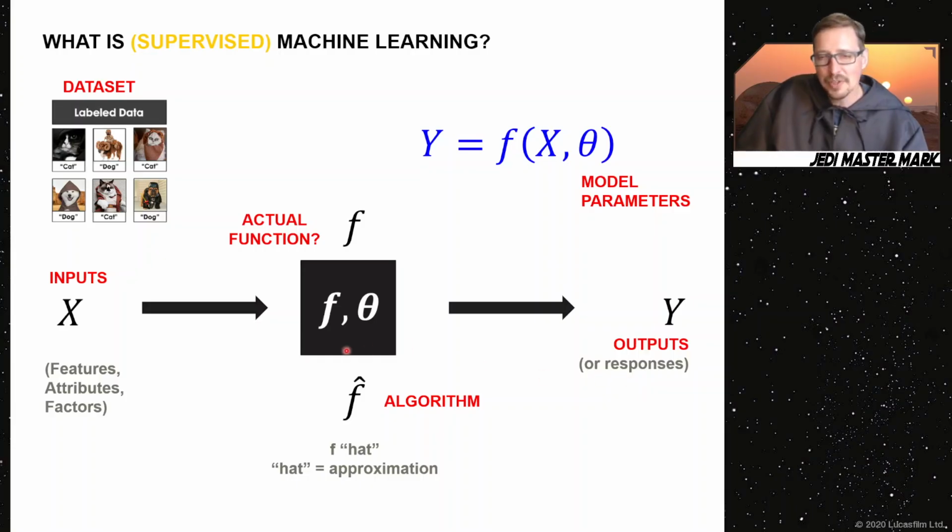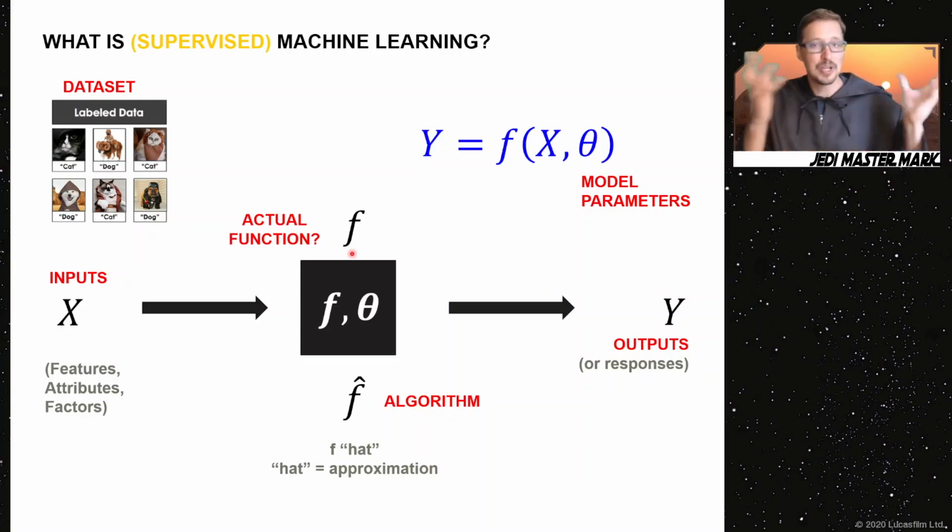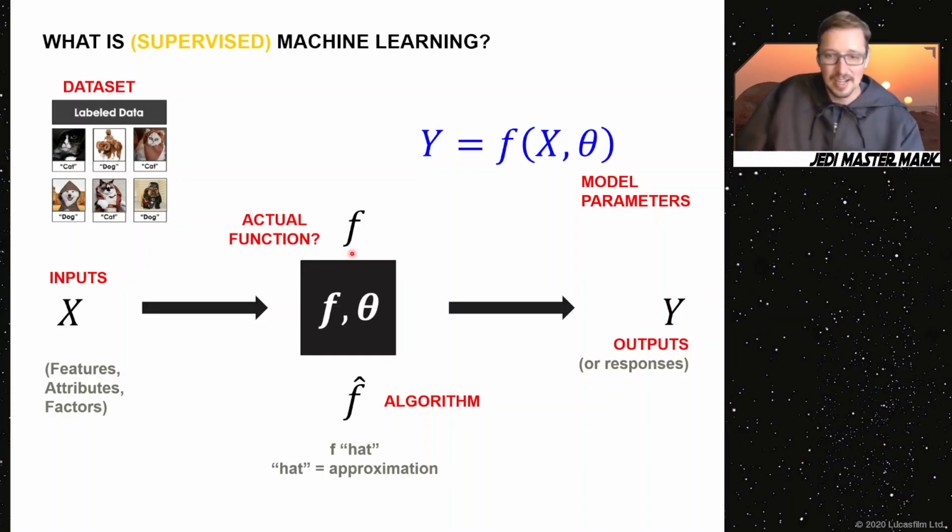And what the machine learning algorithm is composed of is, you see F and theta. So F is the actual function. So this would be your real physical model in the world. F hat, I don't use this term a lot, but just know that the hat means an approximation.